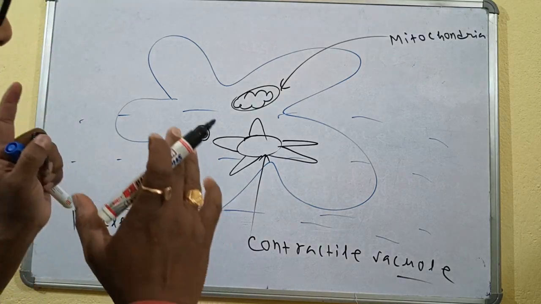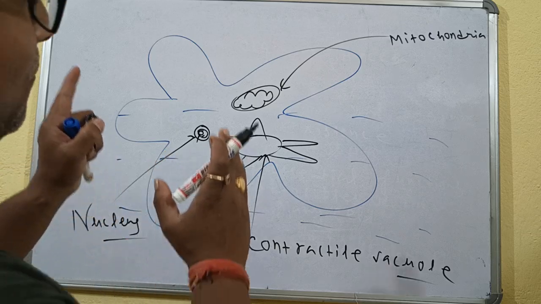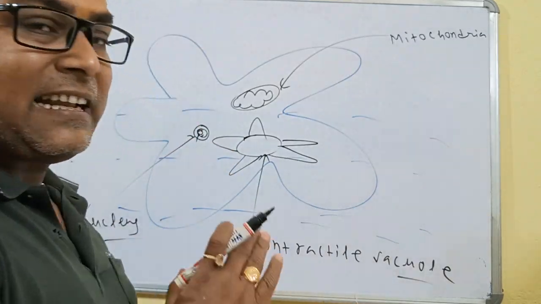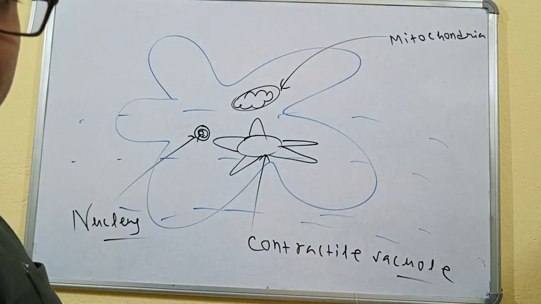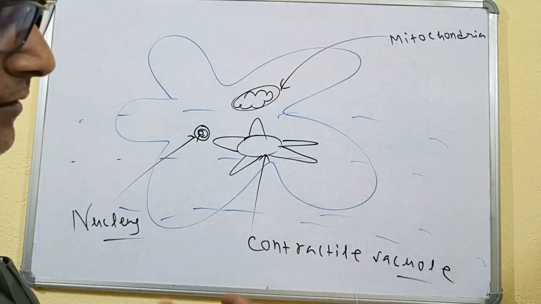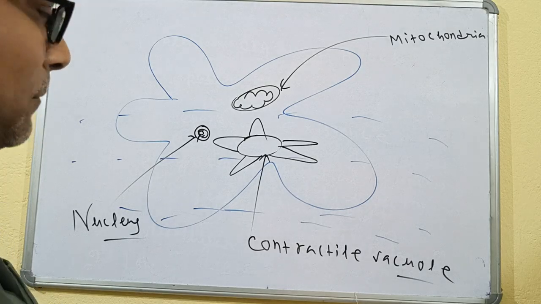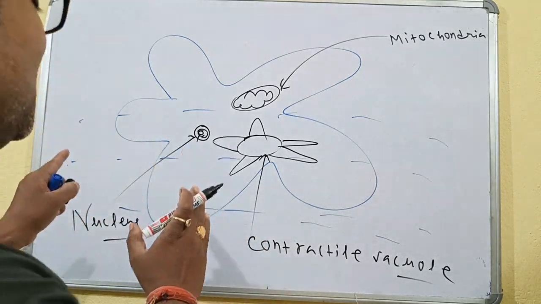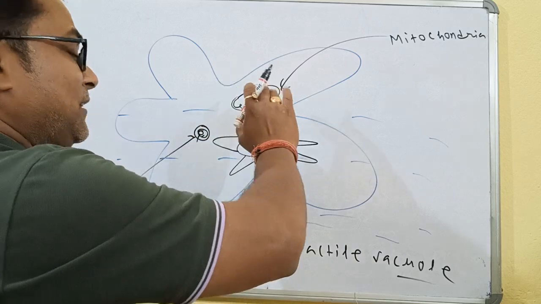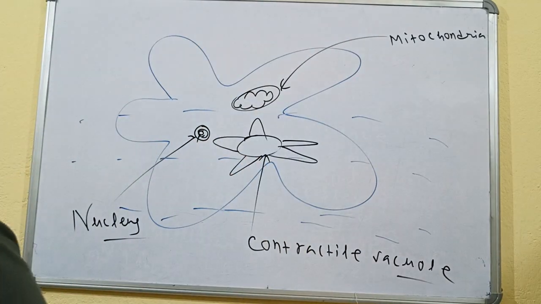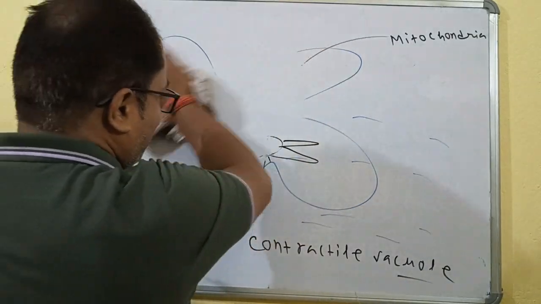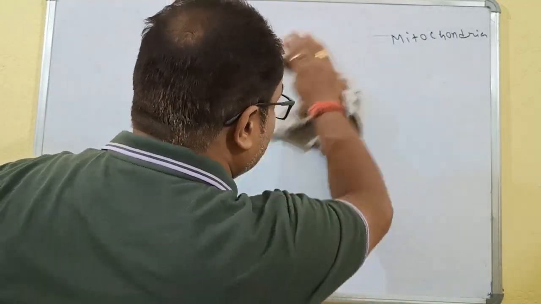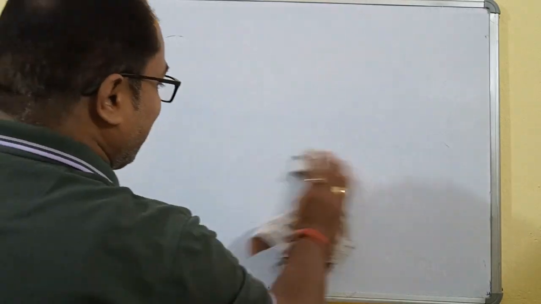In a unicellular organism, the whole activity is regulated by such compartments like the nucleus, mitochondria and contractile vacuole.